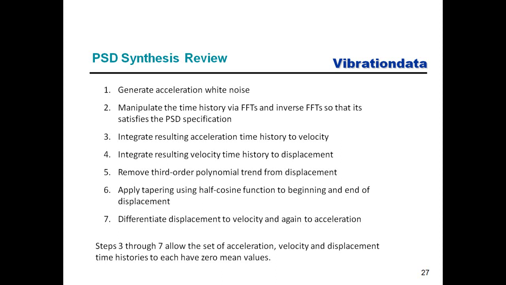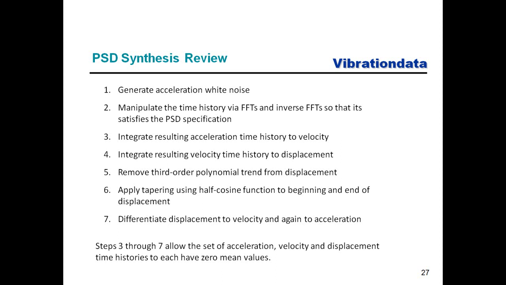Perhaps most people doing this would just stop at step 2. But if we just took that acceleration time history from step 2 and integrated to velocity, we'd have an offset, a baseline shift. Or if we double integrated to displacement, we'd have a ski slope effect. That's not very good because we want each of those 3 signals to oscillate about the zero baseline.